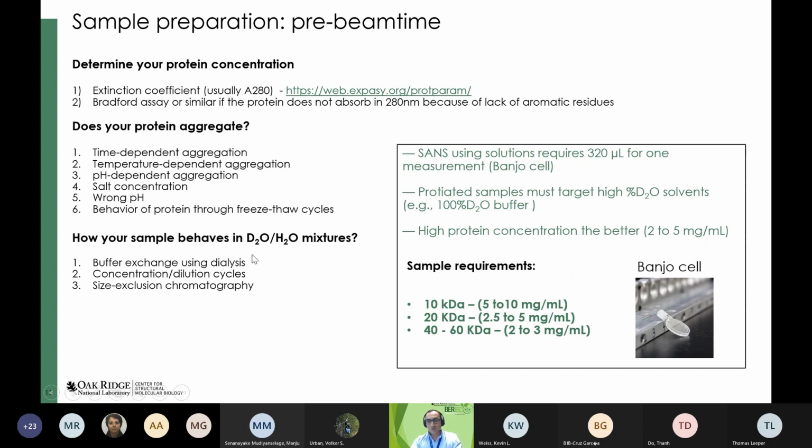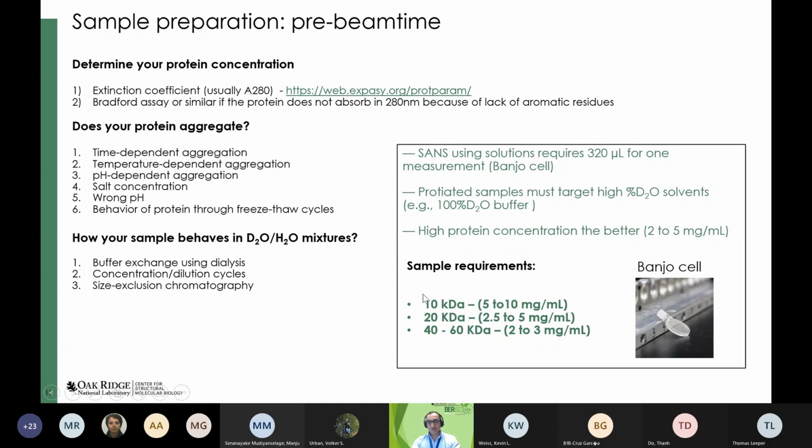And some groups also do the buffer exchange during size exclusion chromatography, where the buffer they are using for dilution or purification is in D2O. So it's another option as well. The requirement for SANS is around 220 microliters of sample for one measurement. Protiated samples must target a high percentage of D2O in the buffer, so you reduce your background, and the higher the protein concentration, the better.